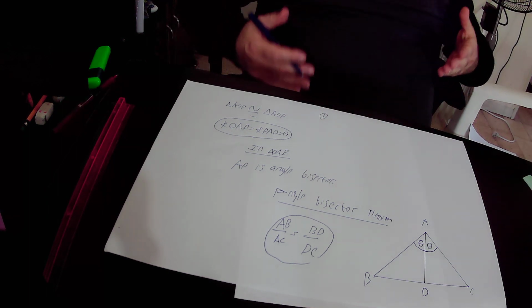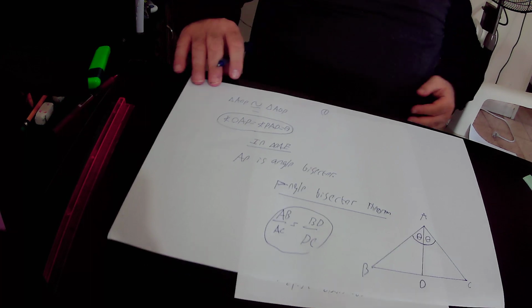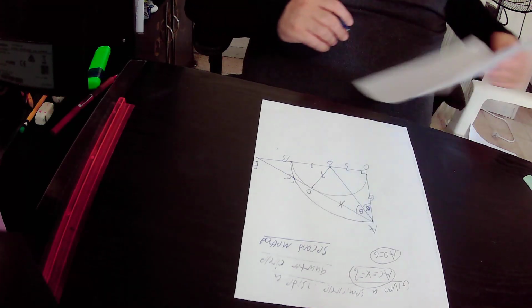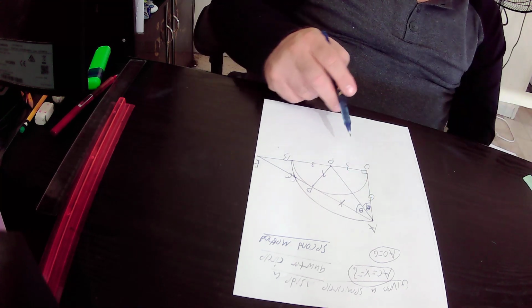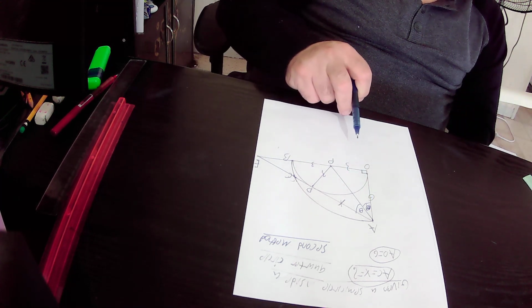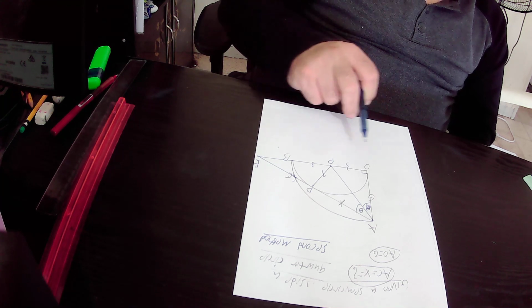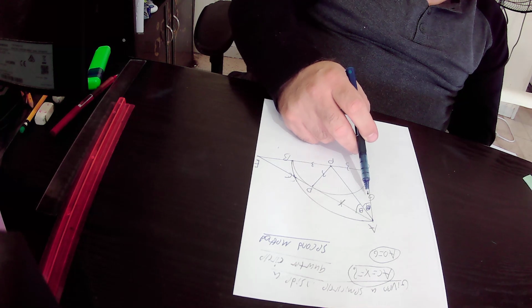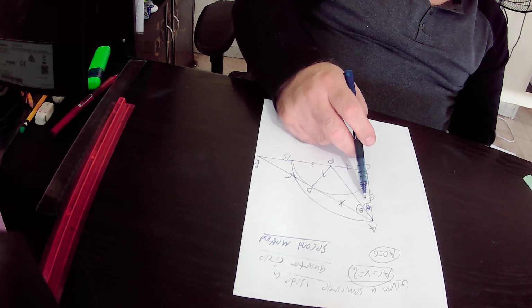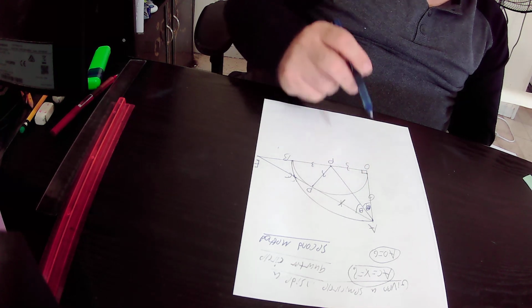So we can implement the angle bisector theorem in our triangle OAE. Why? Because AP is the angle bisector of triangle AOE. It bisects angle OAE into two halves, each equal to theta.